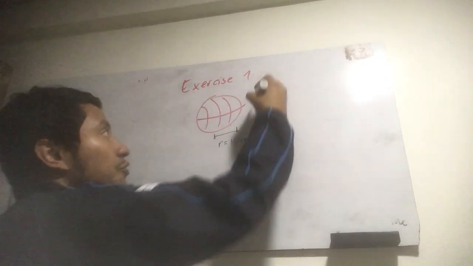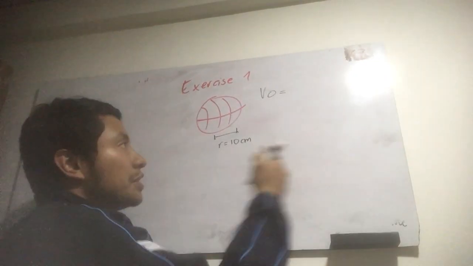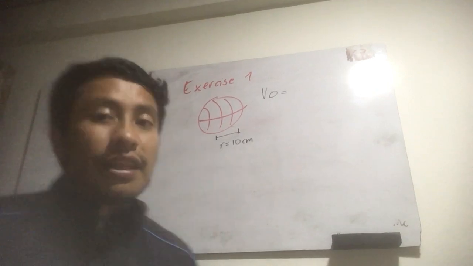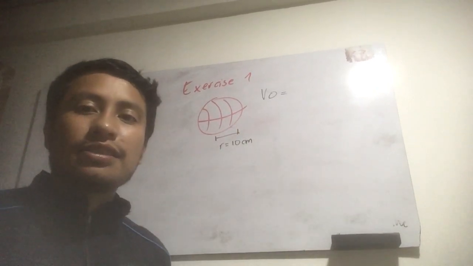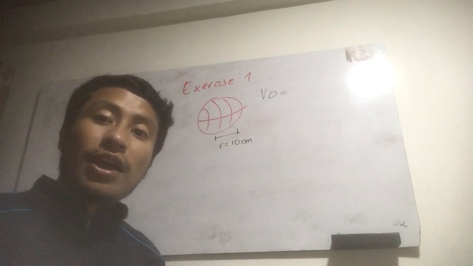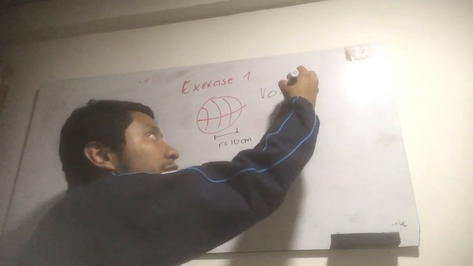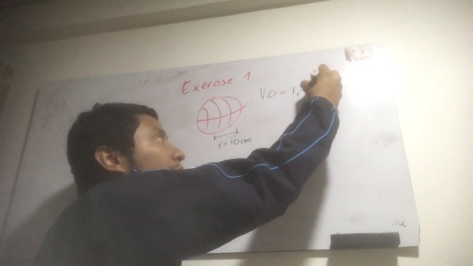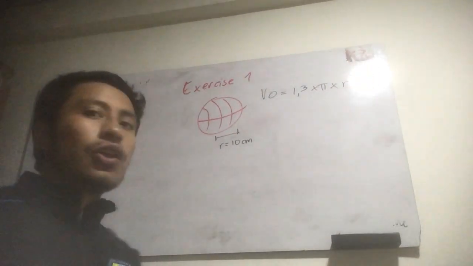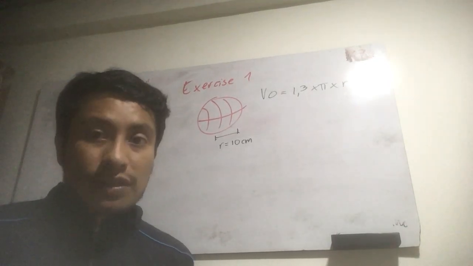So, I'm going to calculate the volume of the sphere. First, I have to define the regular shape that this object has. So, of course, it's a sphere. So, I need the equation that shows me the volume of the sphere, that is 4/3 times pi times radius to the cube.